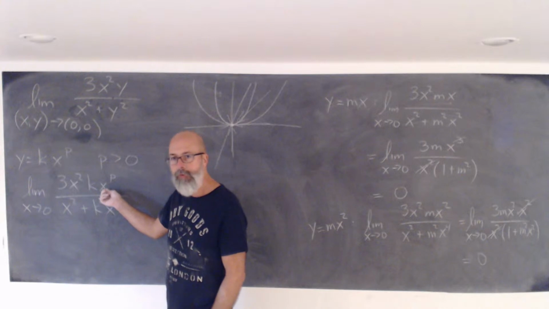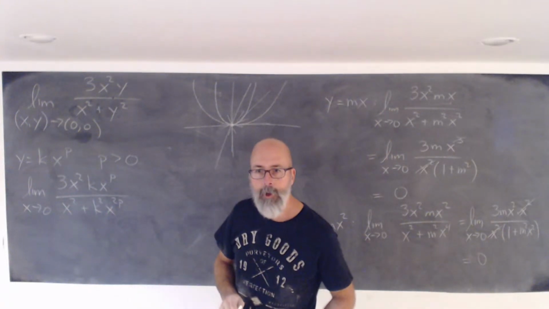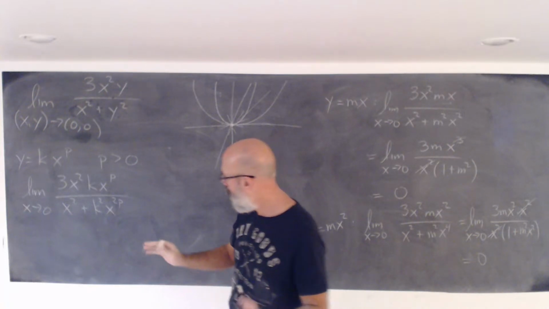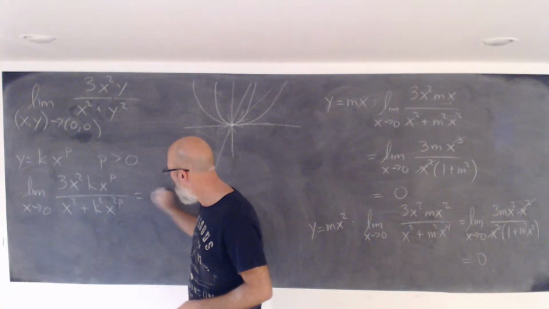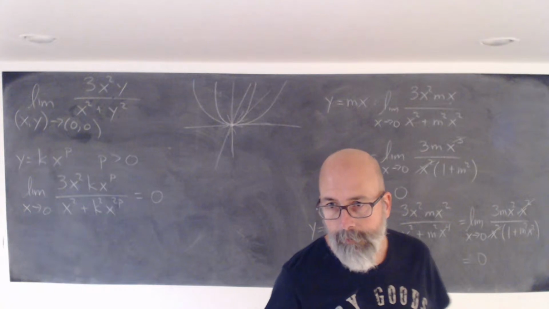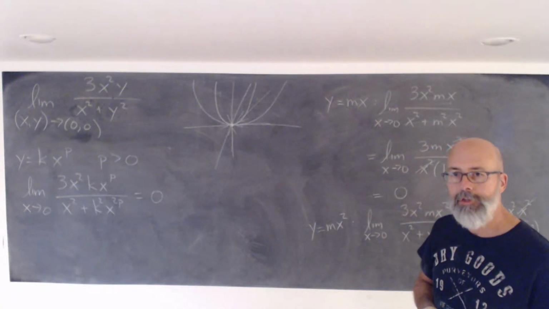So that would still leave you with at least x to the p and probably more coming from here. In every situation, though, it's easy to see that the limit would be 0, regardless.